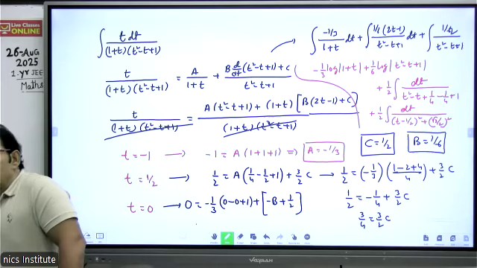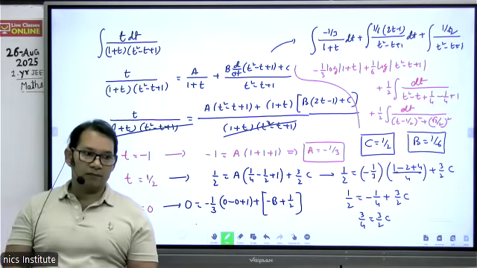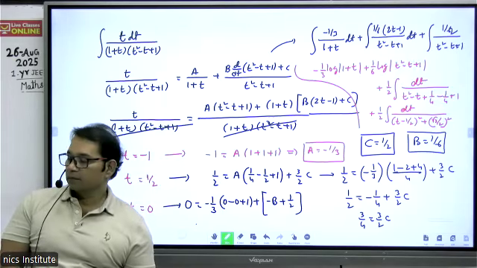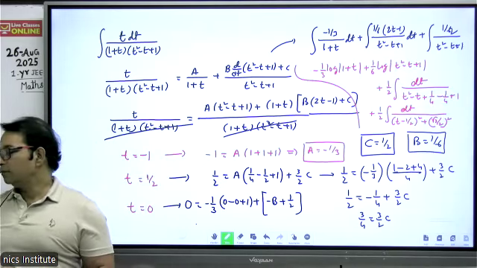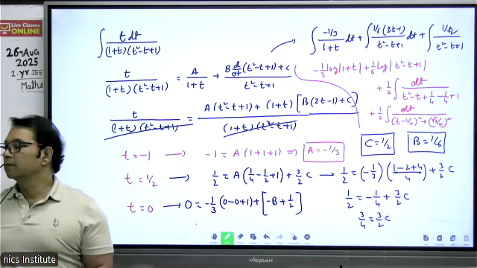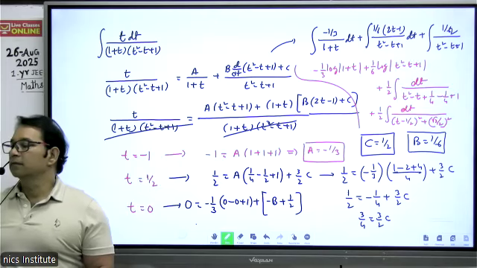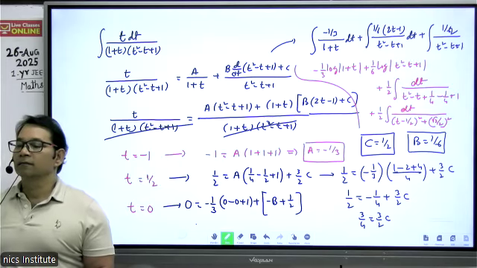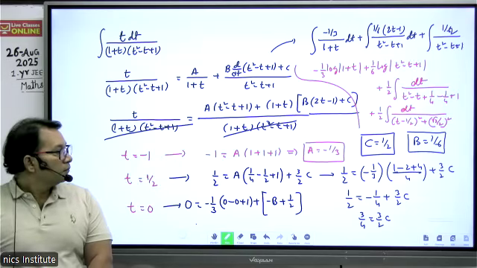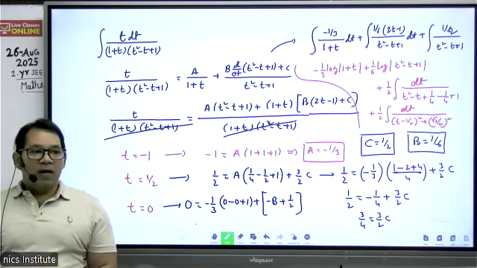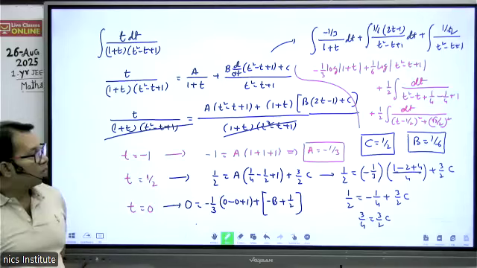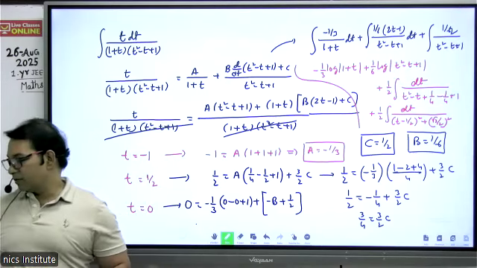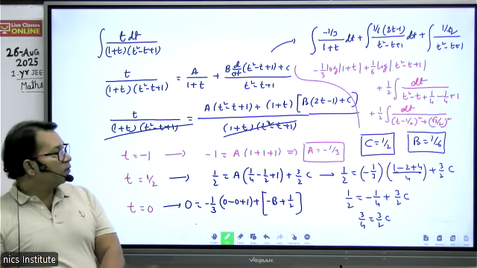So this was a pretty long question. All right. So one linear, one quadratic: this is the method. But what if both are quadratic? Then it becomes easier for us. If both are quadratic, it won't be that long.